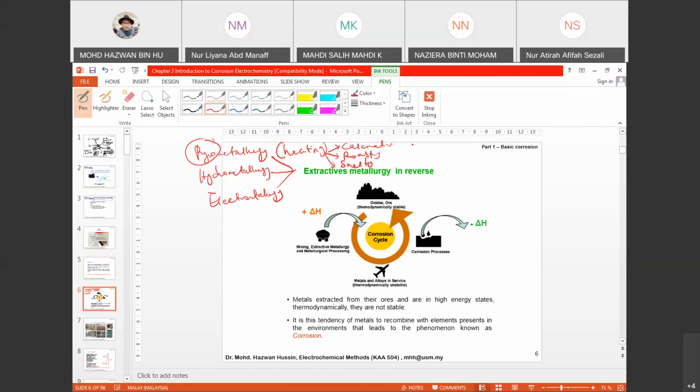For example, imagine you have calcium carbonate. When you do direct heating, it becomes CaO, calcium oxide, plus CO2. You can balance out the equation.